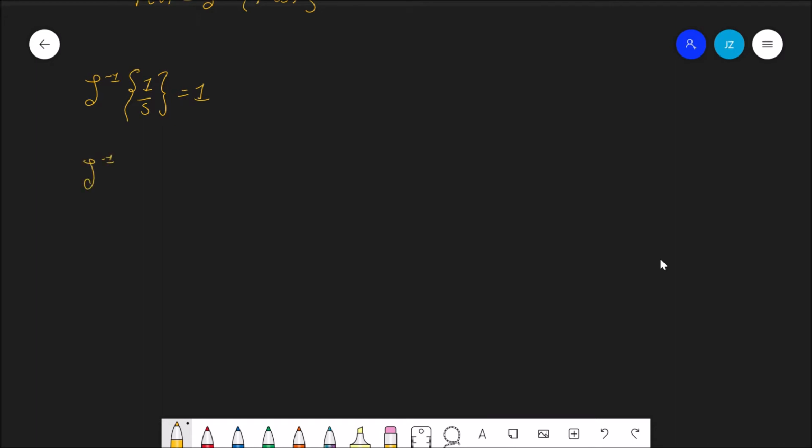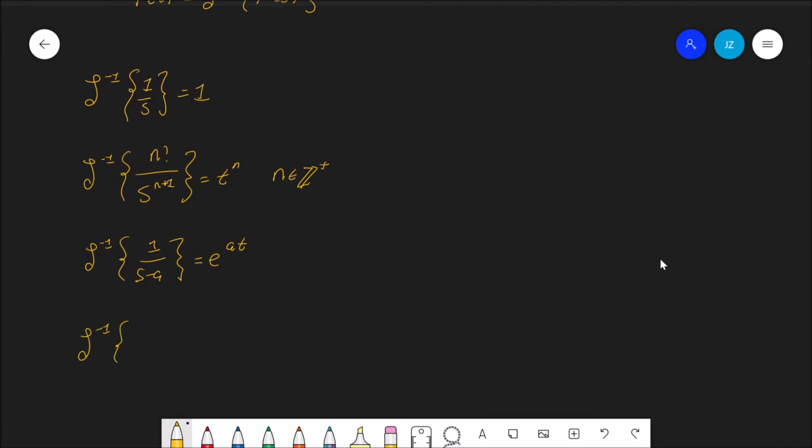The inverse transform of n factorial over s to the n plus 1 is t to the n, where n is a positive integer. The inverse transform of 1 over s minus a is e to the at.